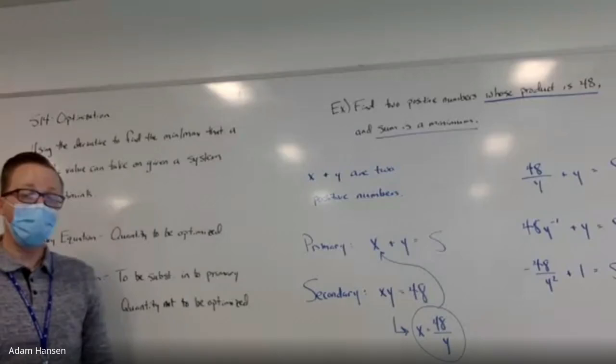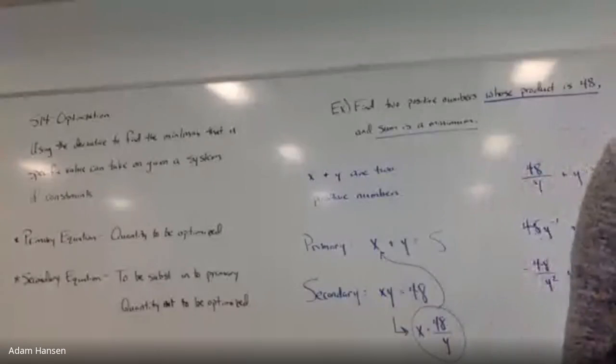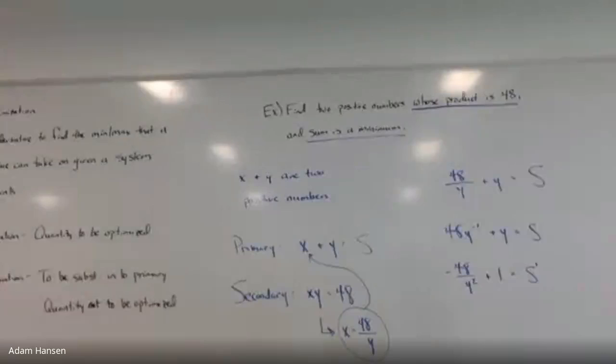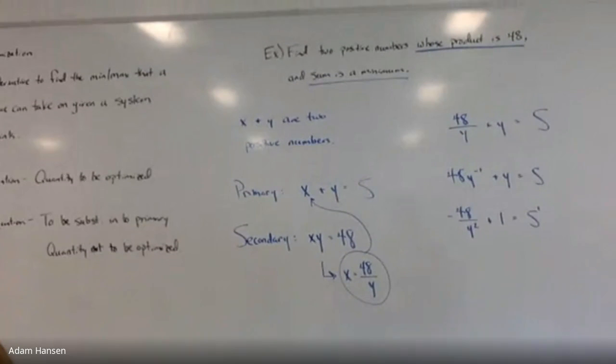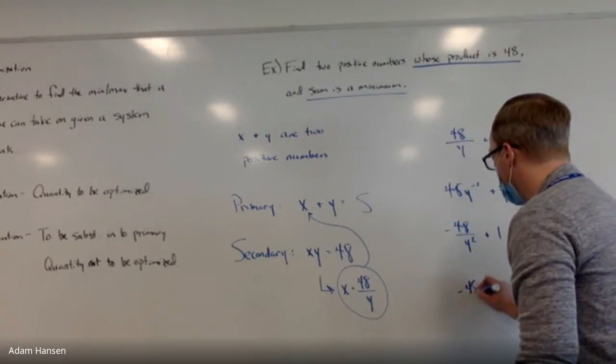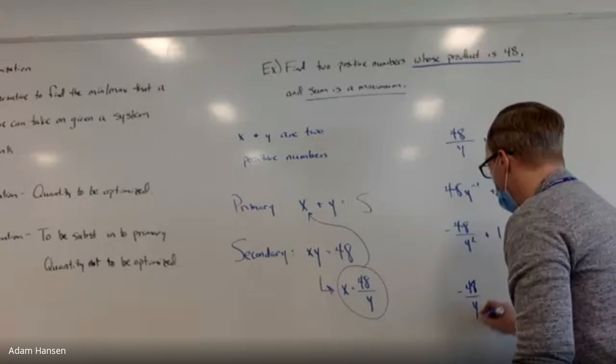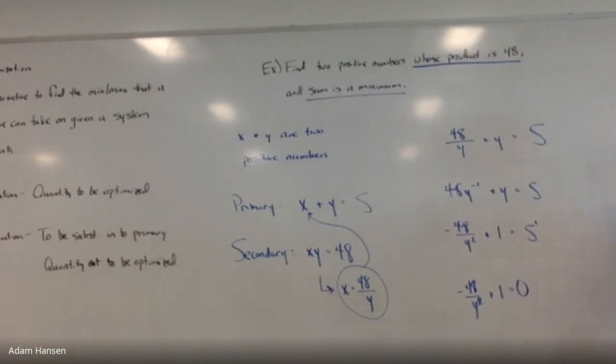I want to find the critical numbers. What do I have to set this equal to? What would the derivative be equal to where this quantity is either the minimum or the maximum, as big or as small as possible? 0. So set this equation equal to 0. Negative 48 over y squared plus 1 equals 0.